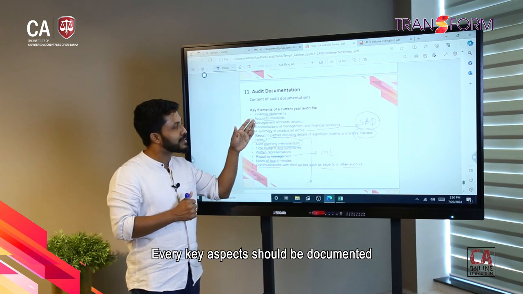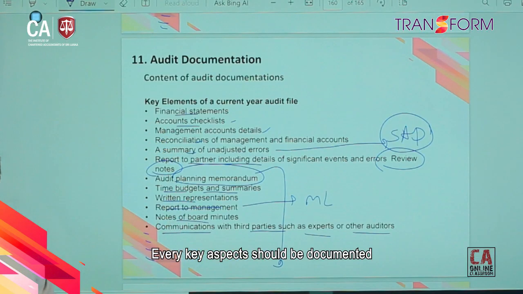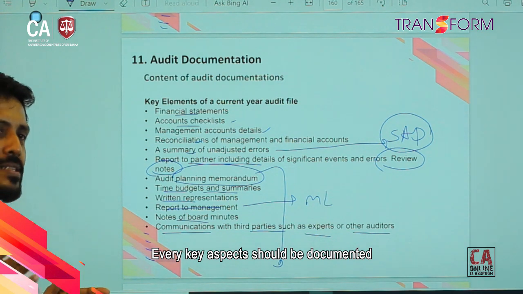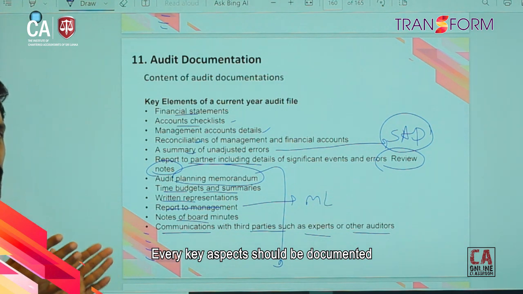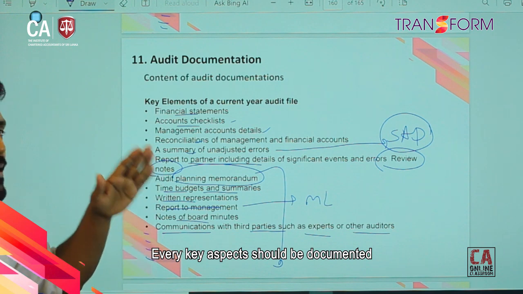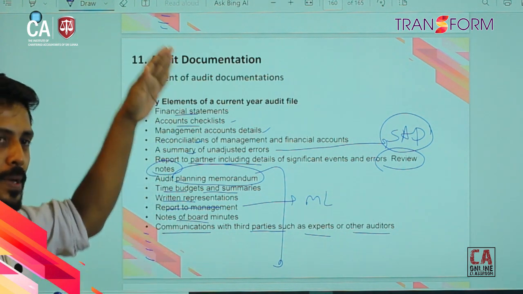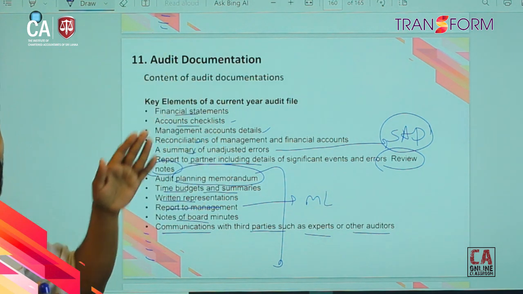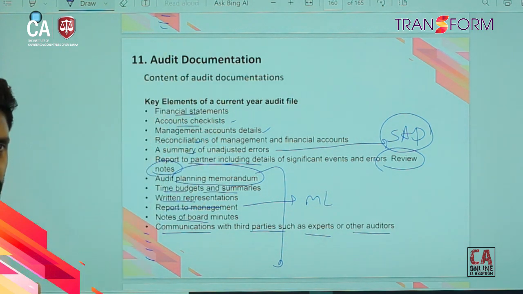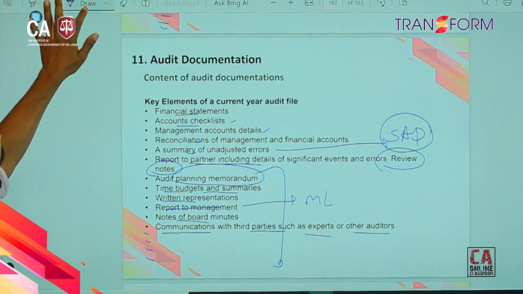That's the composition of the current year audit file, right? So now you have the basic understanding of the audit filing process, right? You may have an electronic version, you may have a hard copy version, you may have a permanent file as well as the current year audit file, right? So then we can go forward.